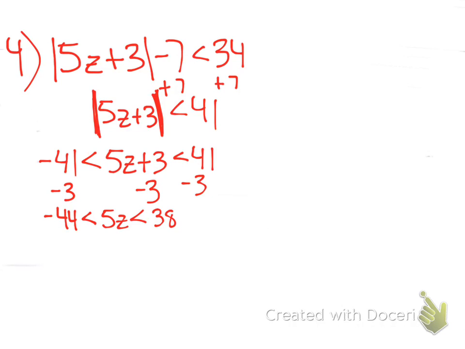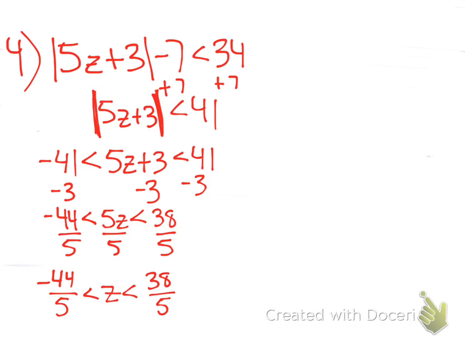And then we have to divide by 5. These do not come out pretty, so I would leave them as improper fractions. You could change them into decimals. They should terminate. They just aren't super pretty. Negative 44 fifths less than z less than 38 fifths. So if it's easier to use decimals to graph it, go ahead and do that.